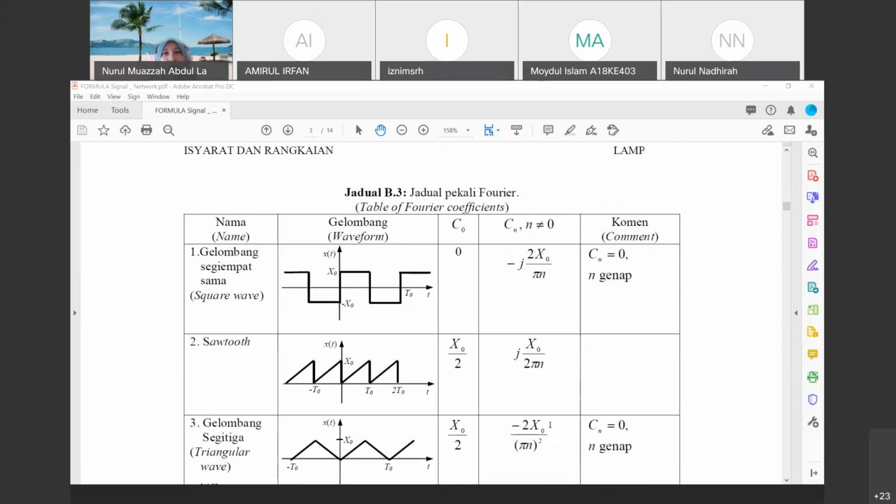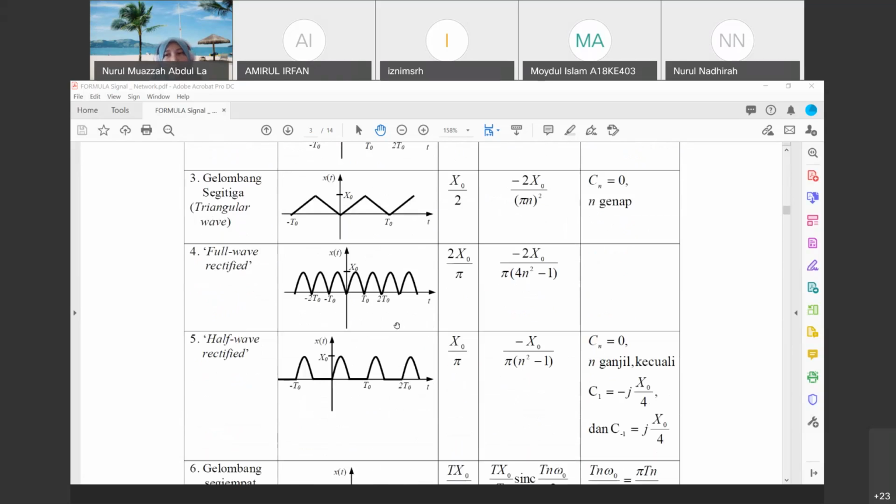And this is the table of Fourier coefficients for different types of waveform. This waveform has symmetry. Normally the question will ask you to find the Fourier coefficient for this type of waveform. I don't want to show you the examples now.